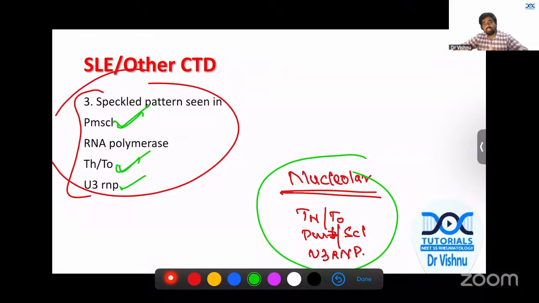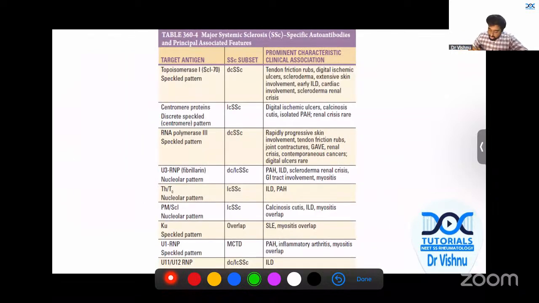So RNA polymerase is usually considered a coarse speckled pattern, but still, even if you just say speckled, that is also right. So this is from your systemic sclerosis chapter in your Harrison. So DNA topoisomerase looks like homogeneous, can be called speckled or fine speckled also, or sometimes, if you look at the proper ANA guidelines, it's considered a separate pattern also, the topoisomerase pattern.